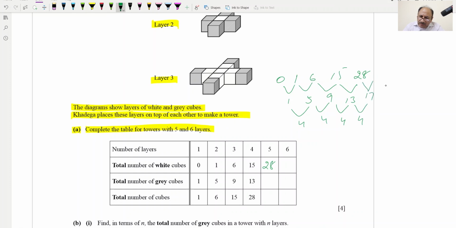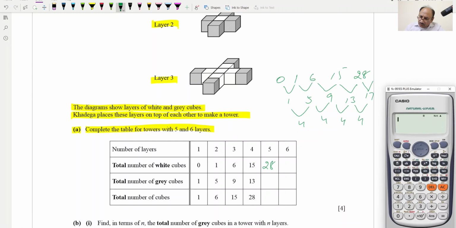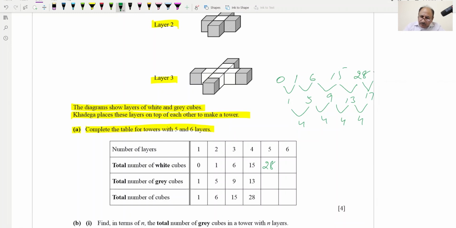So 28 plus 17, we can check with the calculator, is 45. We can mention here 45. So this is by quadratic, not square numbers, by second order difference we can figure it out. You can see this second order difference is the same.